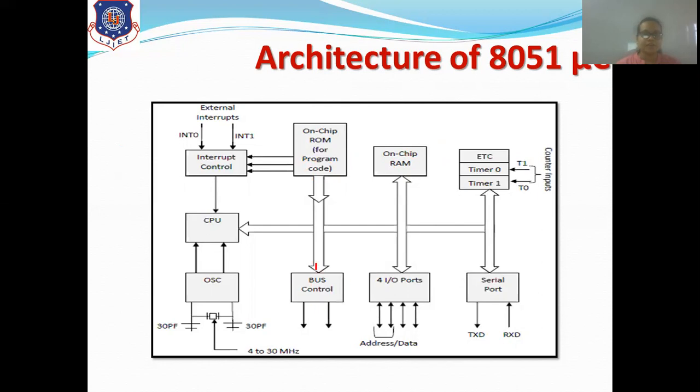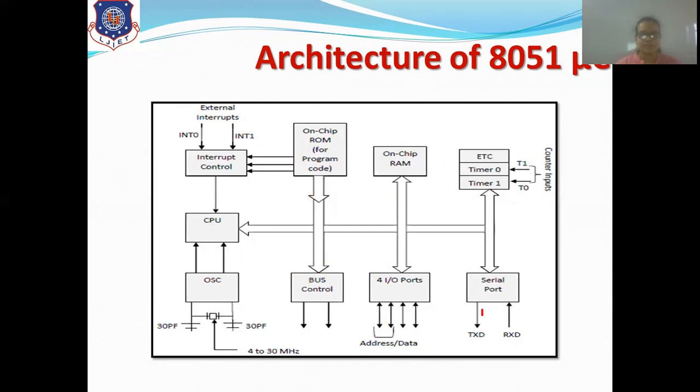Clear? Then it has a bus control, where the various address and data buses are controlled by this control bus, and various peripherals are all connected with this. Then it has 4 IO ports, that is 0, 1, 2 and 3, where the first two ports are used for the address bus and data bus.